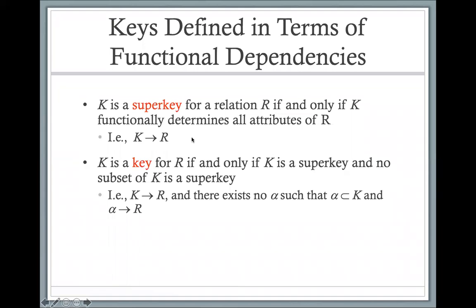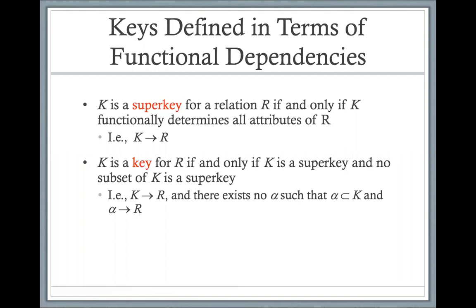Okay. And K is a key, so not a super key, but a key. So a set of attributes is a key if they're minimal. Basically, if they functionally determine every attribute in R, then there exists no alpha such that alpha is a subset of K and alpha determines everything in R. So in other words, it's a key if there is no subset of it that is also a key, or a super key.